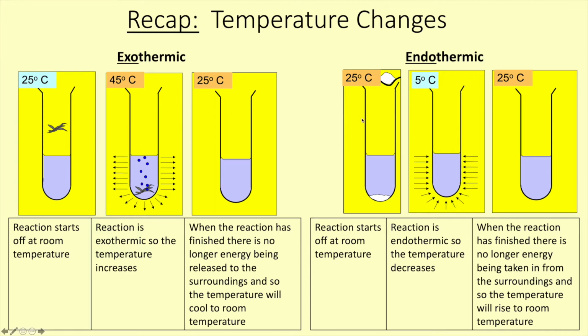With endothermic reactions, we're taking in energy, and so we have a temperature decrease. So here going from 25 degrees down to 5 degrees as that energy is taken in. And then as the reaction finishes, then the temperature will balance back out to room temperature of about 25 degrees Celsius.